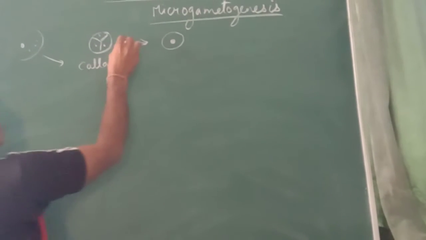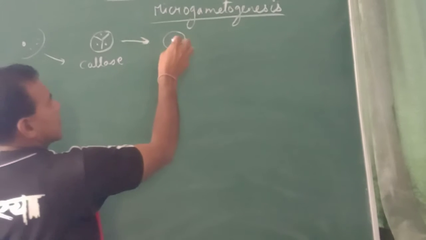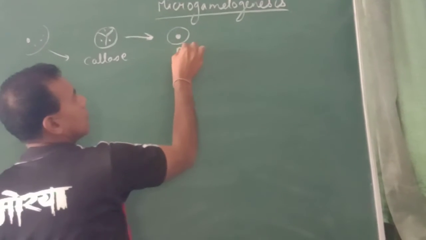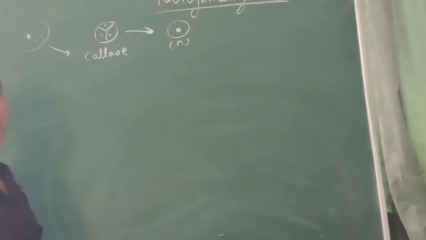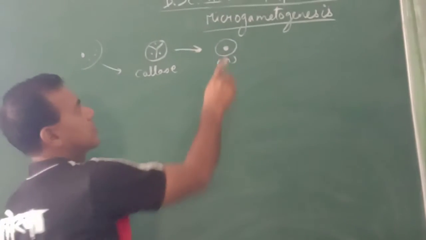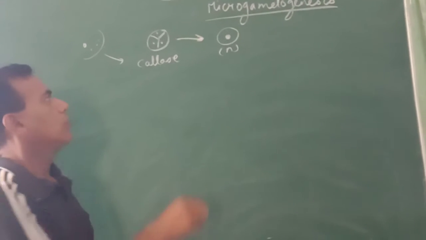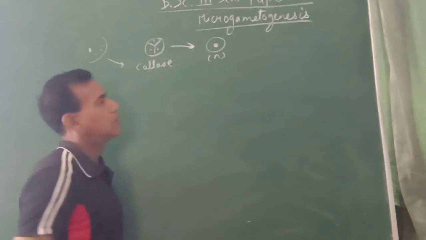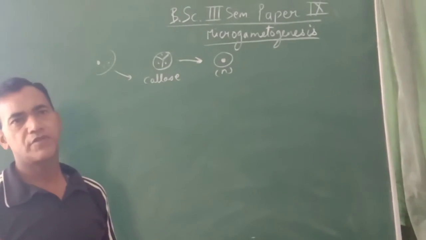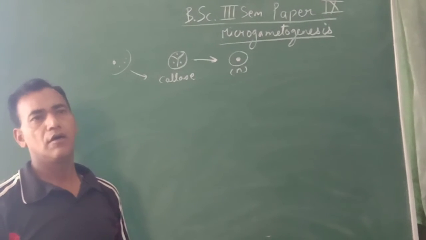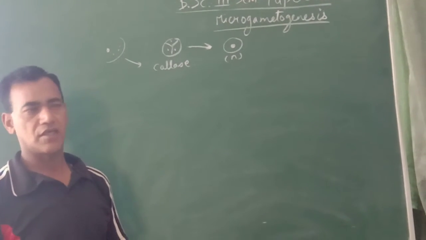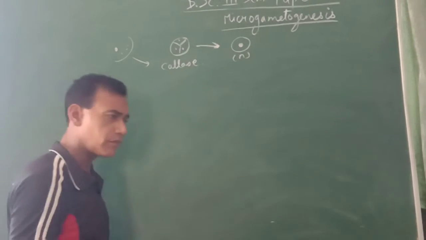The 4 microspores get separated from each other, and now this one microspore is the first cell of the microgametogenesis process. Now we will see how this spore develops and differentiates into a male gametophytic cell, that is the pollen grain.